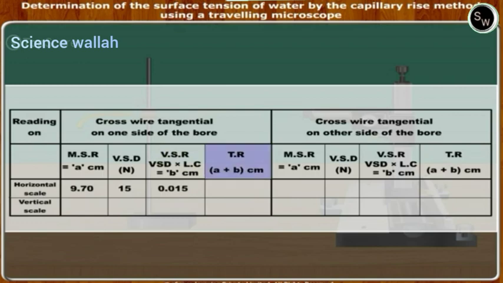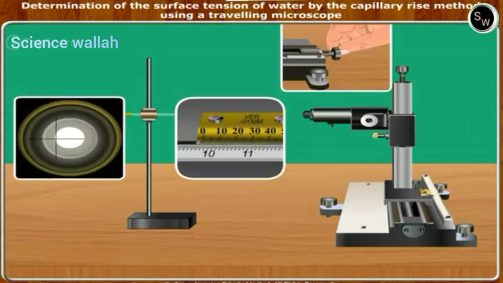Total reading A plus B is 9.7 plus 0.015, that is X1 is equal to 9.715 centimeter.